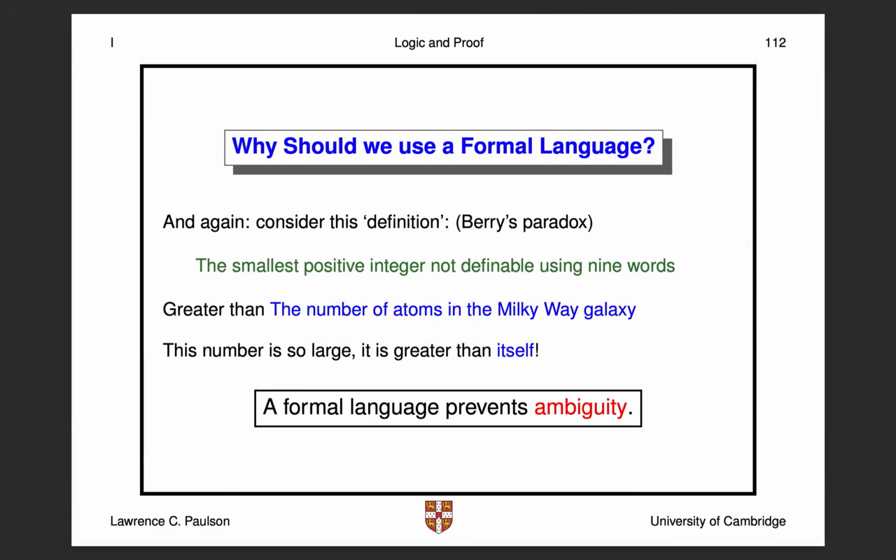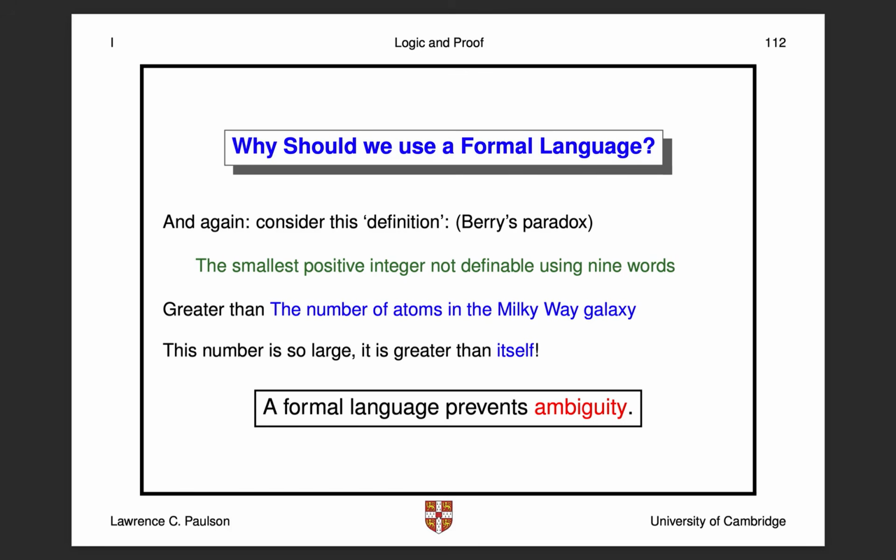If you didn't like that, here is a simpler one, Berry's paradox. Here we're only concerned with integers. So consider the smallest positive integer not definable using 9 words. Well, a hint here, that sentence has 9 words in it. Now, there are many, many sentences in English that define various positive integers.